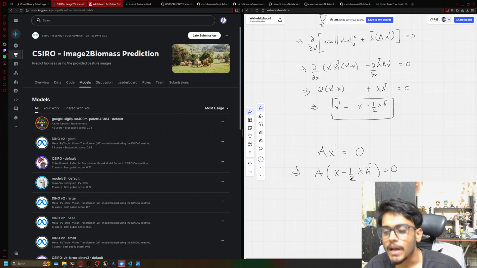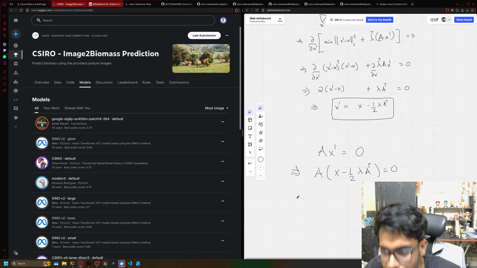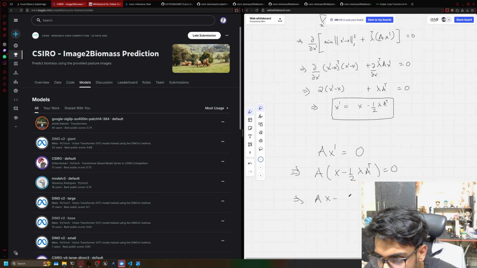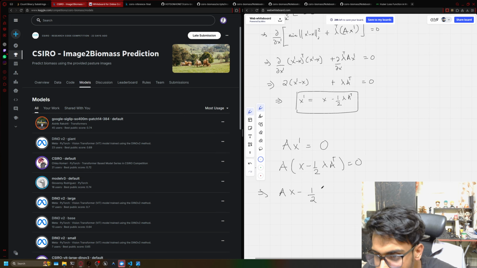Now I can find my lambda. So this will be a times x minus half of lambda times a transpose a, which is equal to 0.